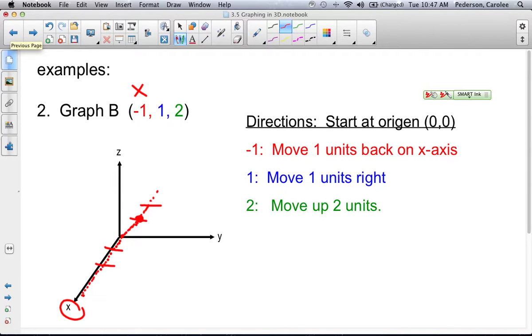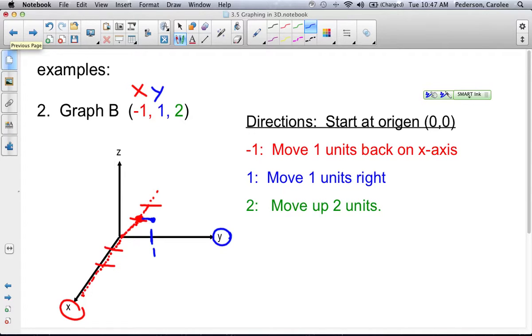Then we go along the y-axis. Next, it's a positive 1. So we're going to go along the y-axis 1 unit. So if we think of this as 1 unit, we're going to move to the right 1 place. So now it's right here.